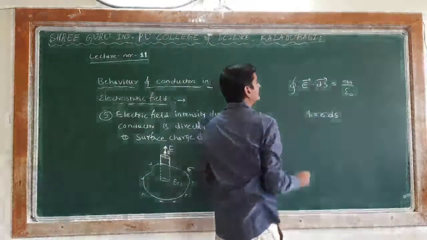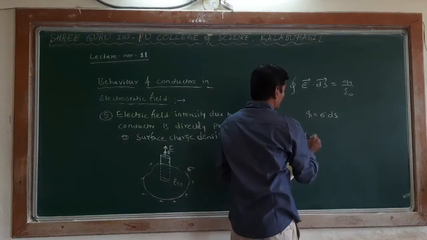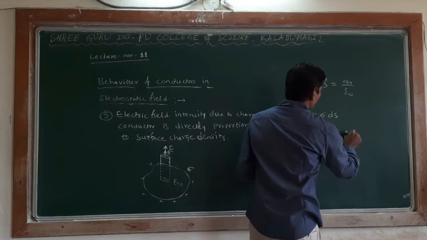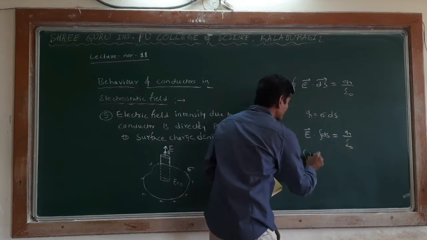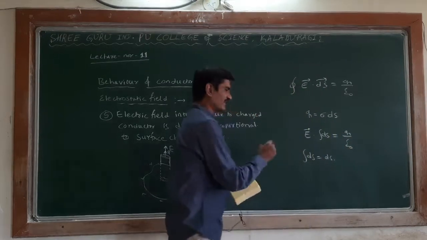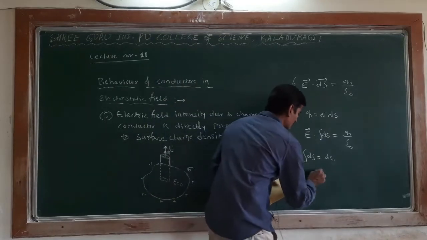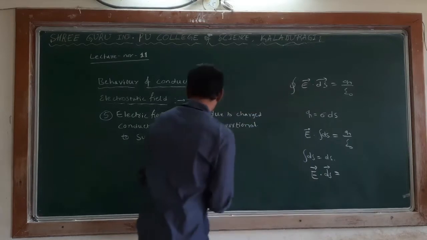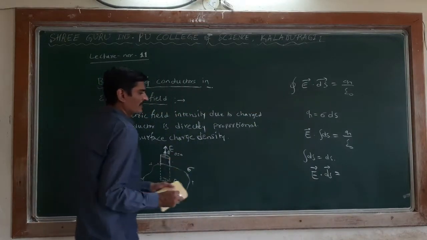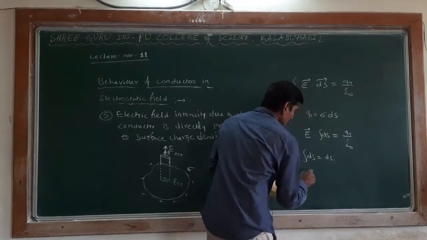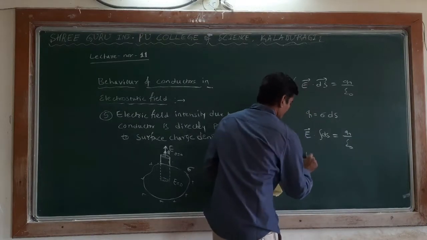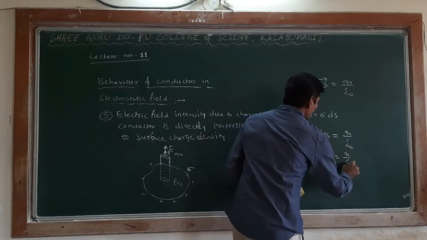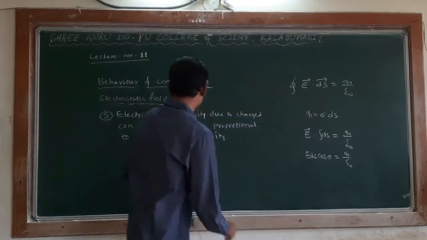So the integration of vector E dot ds can be written as E times the integration of ds, which is just the surface area, equal to q divided by epsilon naught. E ds cos theta is equal to q divided by epsilon naught, and theta is equal to 0.